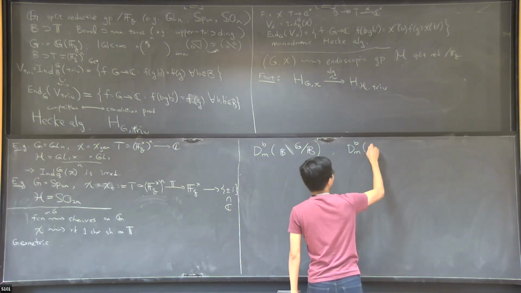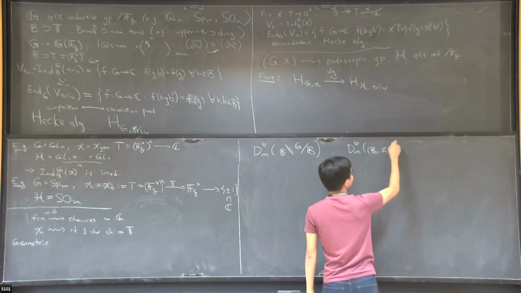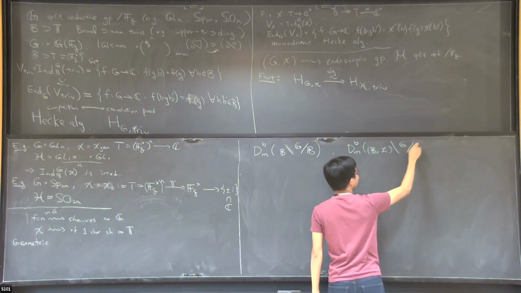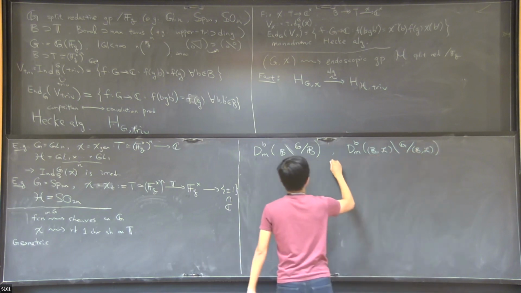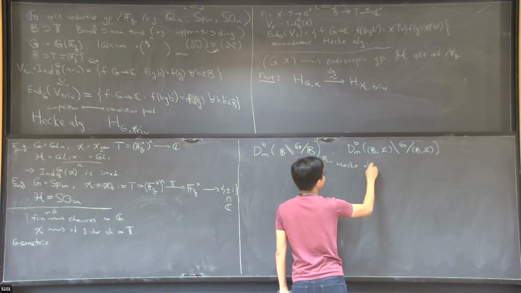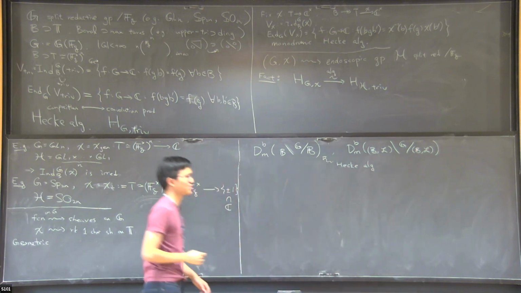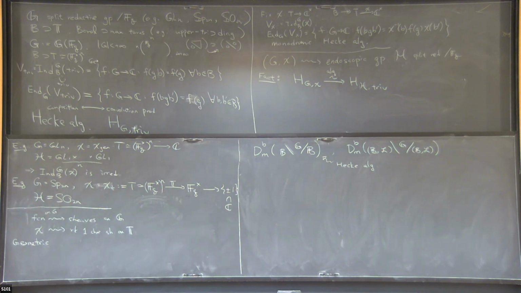I'm afraid I don't have time to explain the definition of this category, this Hecke category. If you want the definition, I will refer you to the book Perverse Sheaves by Beilinson, Bernstein, Deligne, and Gabber.